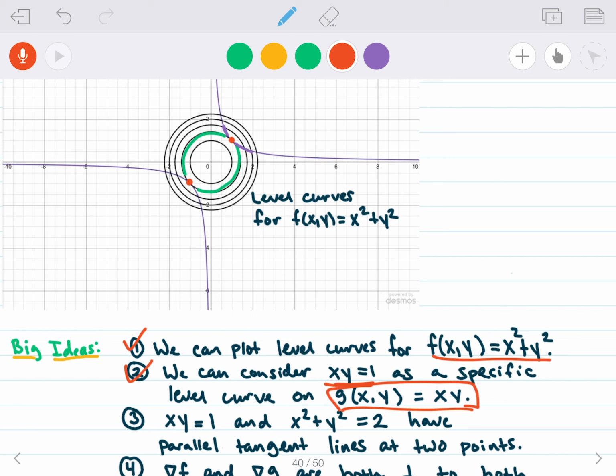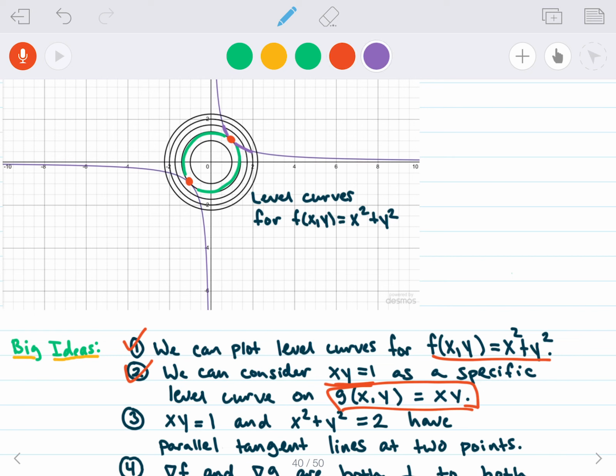We can look at the picture and see that there are these two special points right here where the curves just touch each other. At these two points, they either have the same tangent line, or the tangent lines could be scalar multiples of each other.